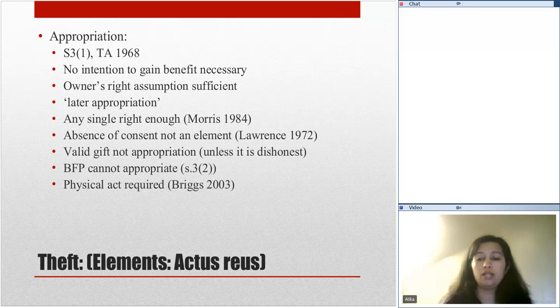By consent, there was another case, Lawrence, that you were given for the absence of consent: an Italian student, a foreign student, who doesn't speak English, took a cab, and the cab was supposed to charge her 50 pence, but she gave him a pound, and the cab driver said it's not enough, but she probably didn't know what the coins looked like.